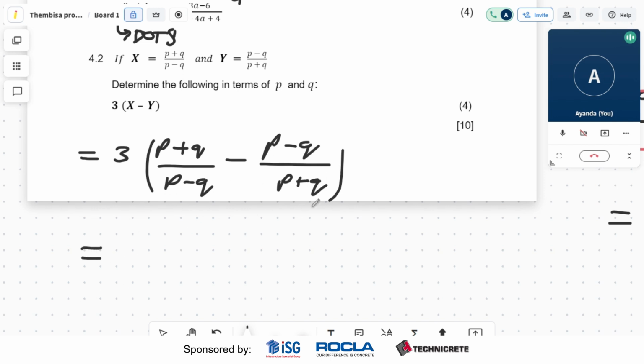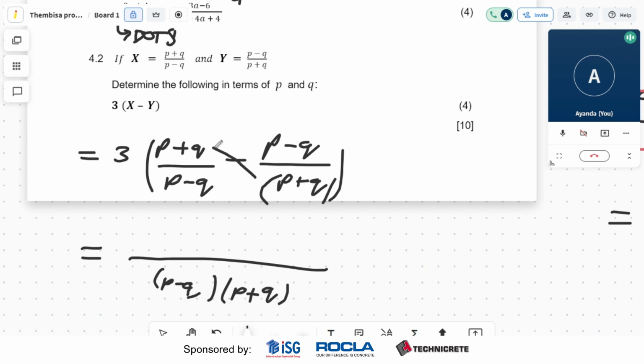Now we need to get a common denominator. And our lowest common denominator is going to be (p − q) times (p + q). So that means that we're going to have to multiply (p + q) by (p + q) and (p − q) by (p + q).